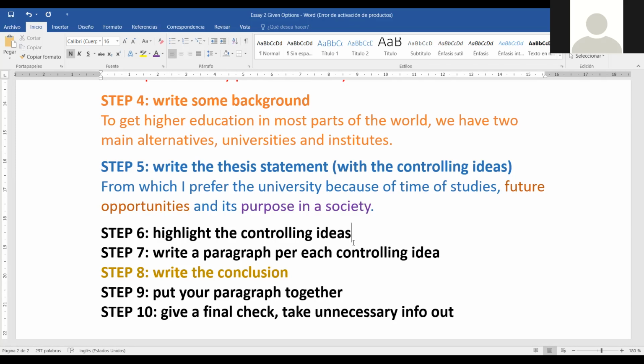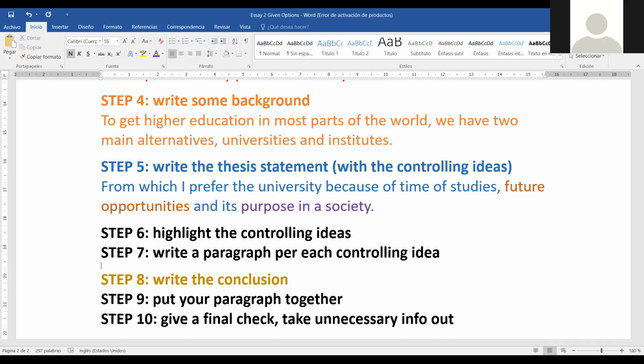You might say it, I used to have that opinion too. But at least when you're a beginner and you do not paint, probably you get distracted and then you lose the focus and you end up writing about anything that doesn't have any relation to what you want to say. Okay, so then write up step 7, write a paragraph for each controlling idea.